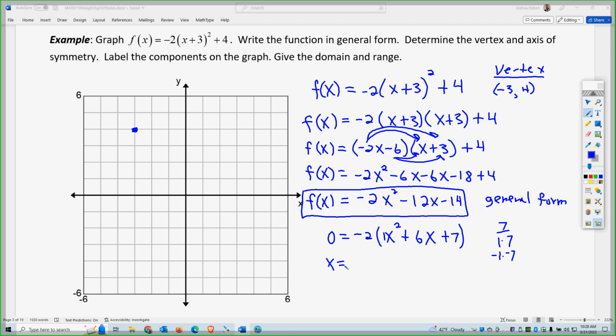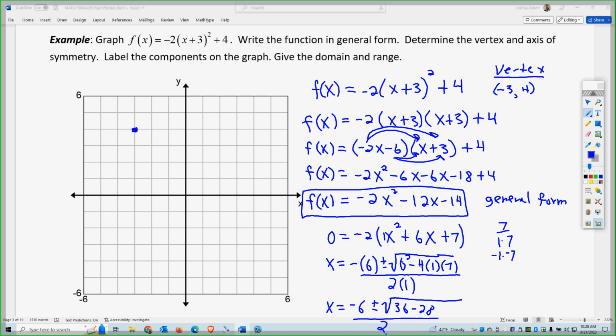So x equals negative b plus or minus the square root of b squared minus 4ac all over 2a, right? So x equals negative b plus or minus the square root of 36 minus 28 over 2.